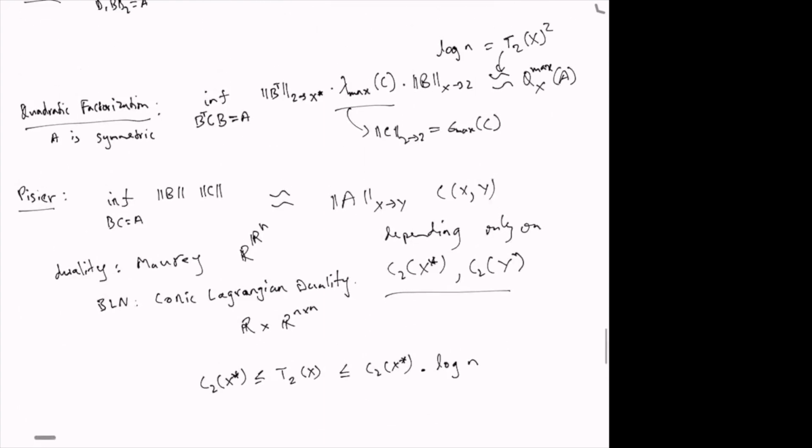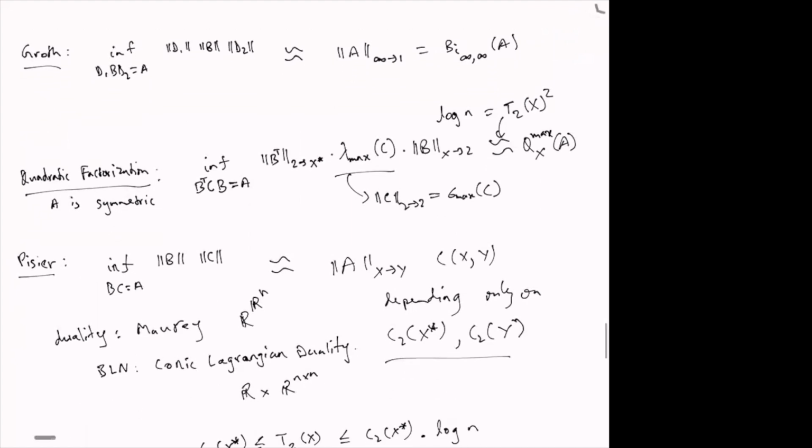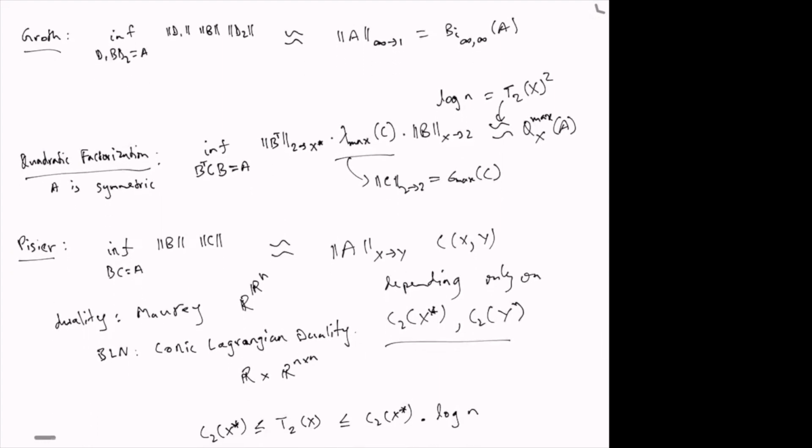So we proved this factorization theorem for quadratic maximization that we think has gone unnoticed before. We use this quadratic factorization theorem and Pisier's factorization theorem to get approximation algorithms for quadratic and bilinear maximization in more general settings than were known before.